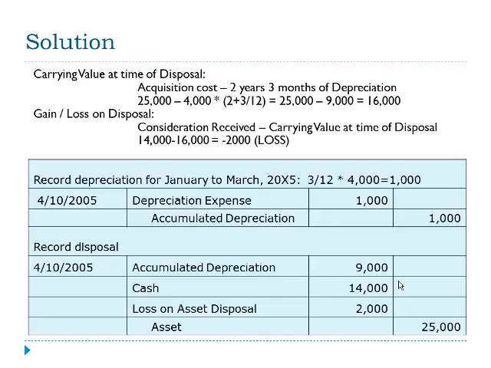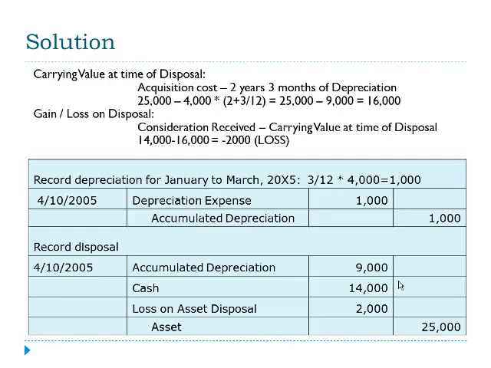The carrying value at the time of disposal is the acquisition cost minus the depreciation so far. 2 years of depreciation have been taken, and we have an additional 3 months of depreciation that need to be taken. So 3/12 of 4,000 is the additional depreciation being taken.